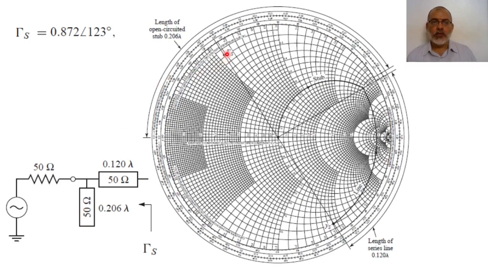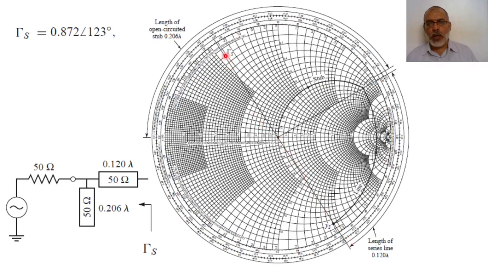So instead of the input impedance, we are going to use the input admittance of the source. To obtain it, we are going to extend this line through the center of the Smith chart to the other side.